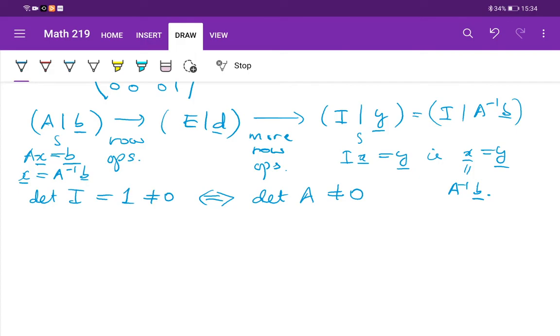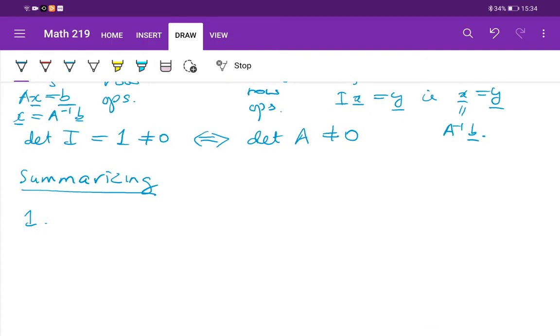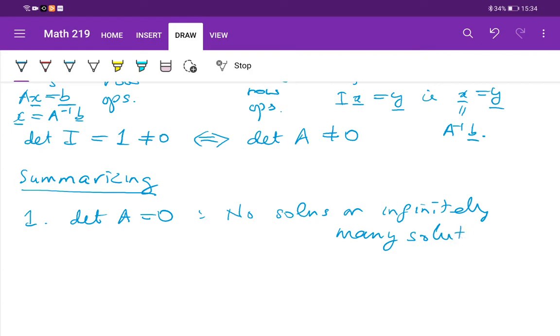Okay, so let me just summarize. There are two cases. Determinant of A equals 0, and you have no solutions or infinitely many solutions. And the second case is when the determinant of A is non-zero, and here we have a unique solution.